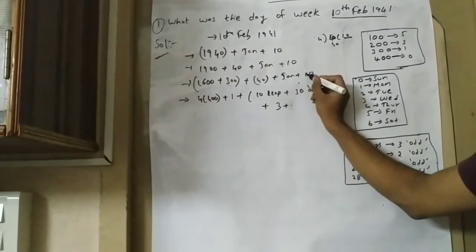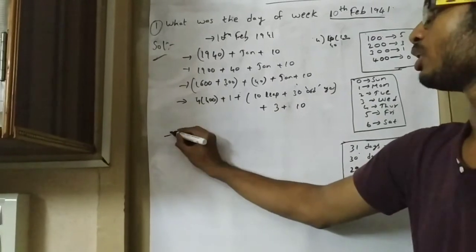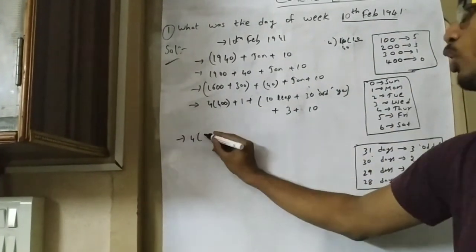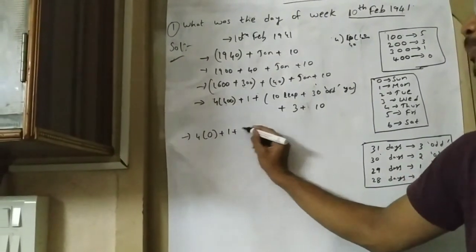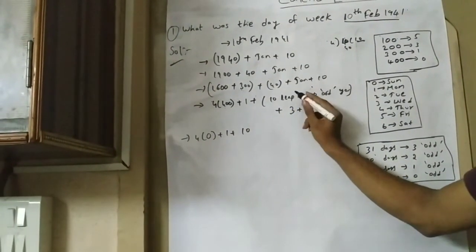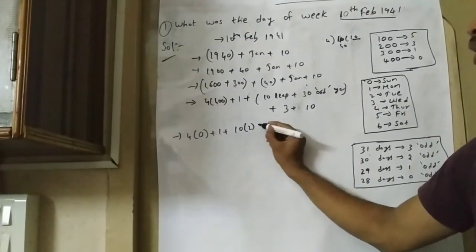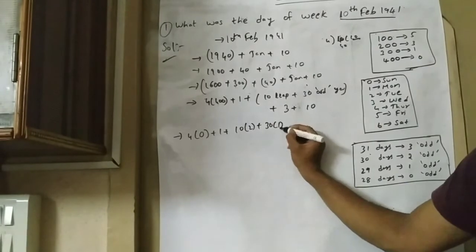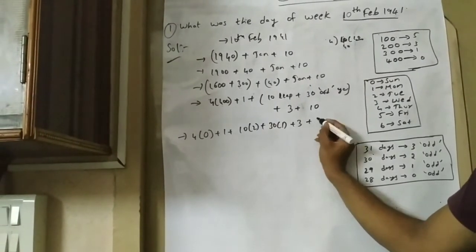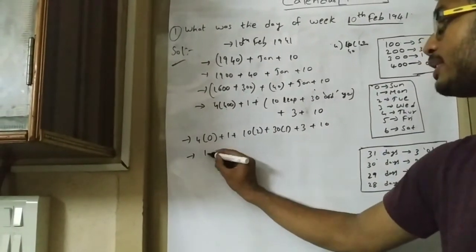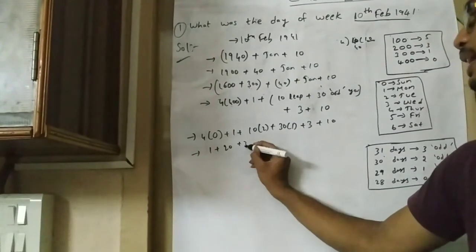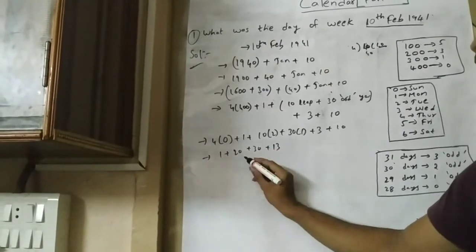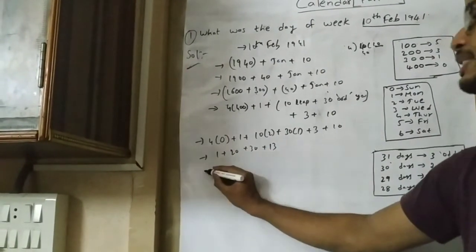Plus 10 days. So 4 into 0, because for 400 years there will be 0 odd days, plus 1, plus for leap years there will be 2 odd days, 10 into 2, plus for ordinary years there will be 1 odd day, 30 into 1, plus 3 plus 10. So that is 1 plus 20 plus 30 plus 3 plus 10. 20 plus 30 is 50, 63, 64.